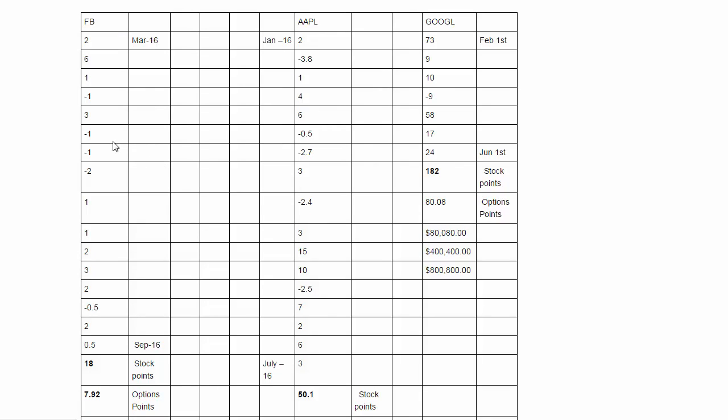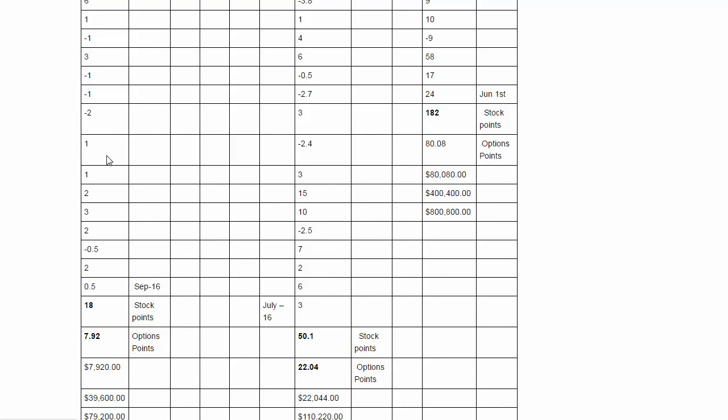Facebook is a little stodgy, all right? But they came out with some heavy-duty offerings, floats, stock floats, numbers of shares. I remember that IPO.